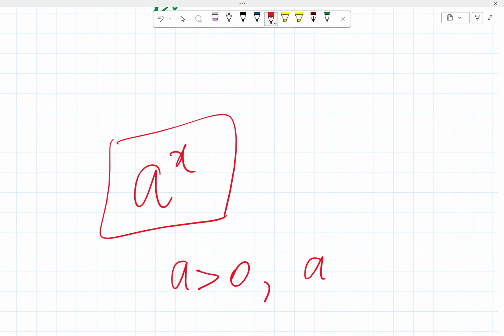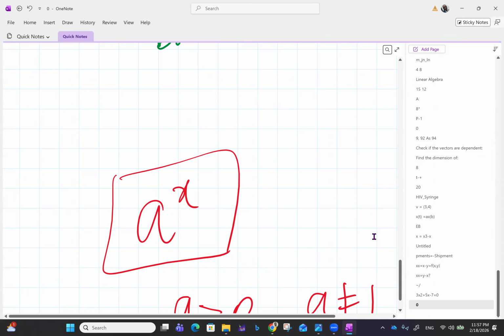In addition, a should not be equal to 1, because if a is negative, it will not serve the purpose. And if a is equal to 1, 1 raised power x, whatever x is, is always 1. So it doesn't help anything. So we need these two conditions, that a is greater than 0 and a is not equal to 1.